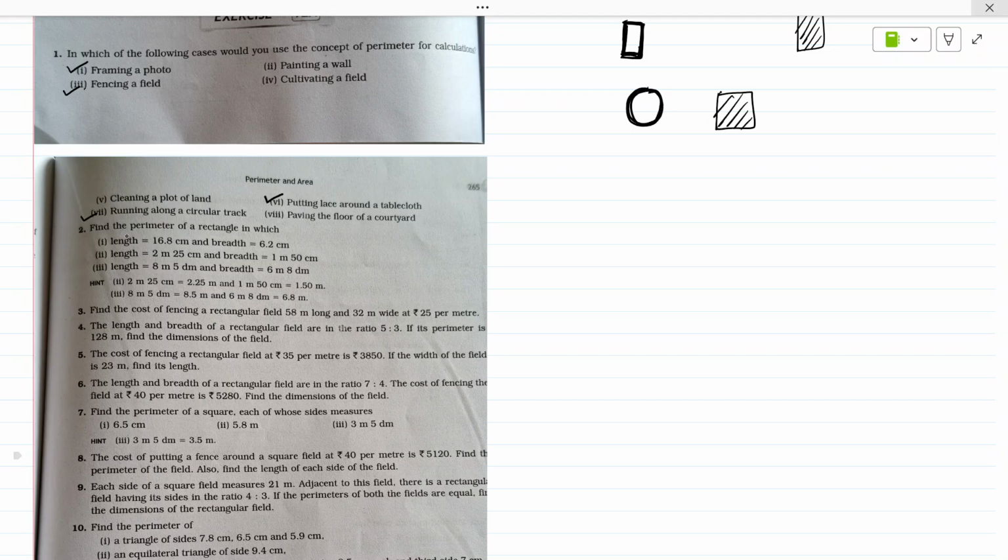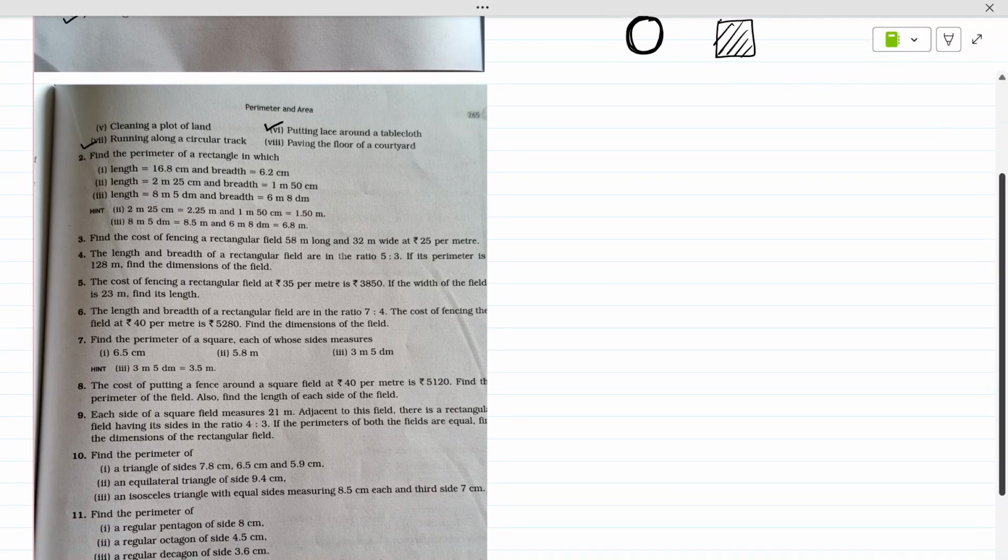Next, question number 2, find the perimeter of a rectangle in which length and breadth are given to us. There are 3 different cases and I will pick one case for you. First of all, we know the perimeter of a rectangle. The formula is 2 times length plus breadth. In the first part, length is 16.8 centimeters and breadth is 6.2 centimeters.